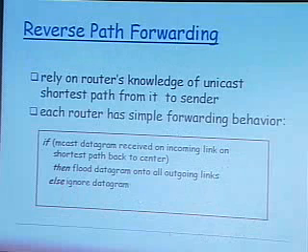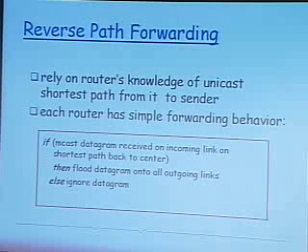Then there is reverse path forwarding. So in reverse path forwarding, the idea is very simple, and it's similar to what we saw in unicast routing by the flooding approach. What is the idea? Every router will receive multicast packets.